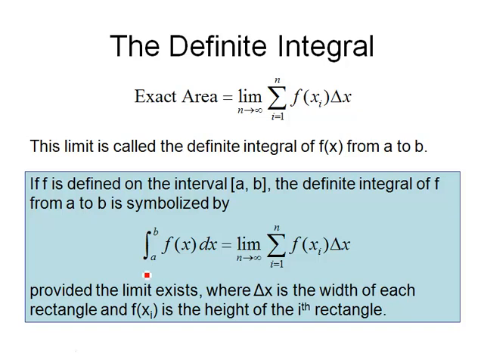So this symbol here is just another way of saying exact area. And the way we do that is we take many, many areas of rectangles, in fact, an infinite number of rectangles, and we sum them all up. As long as we can do this limit, then we can go ahead and find the exact area. Remember that delta x is the width of each rectangle, and f of x sub i is the height of the ith rectangle.